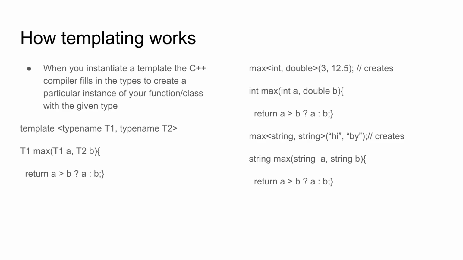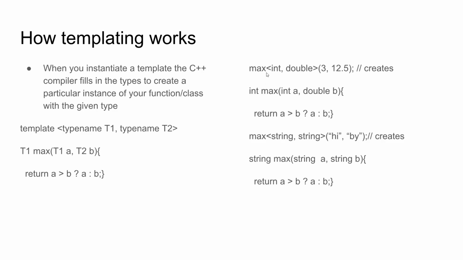But really what the templating is doing is plugging in those types, when you list them in the instantiation, into the T's to figure out what code it should write. And it literally just writes the code that should be there and then attempts to compile it afterwards. So again, we have our little max function over T1 and T2, and we want to return who's bigger.